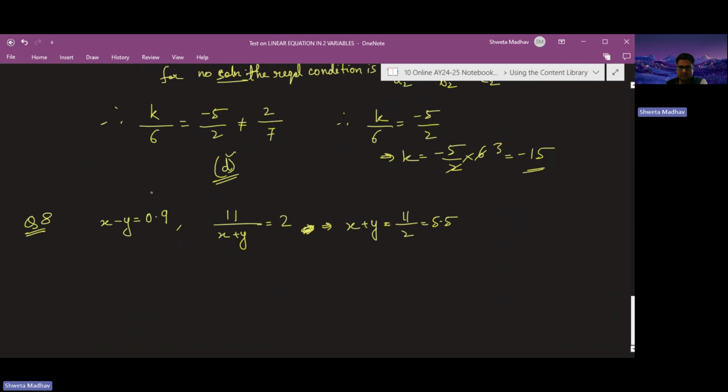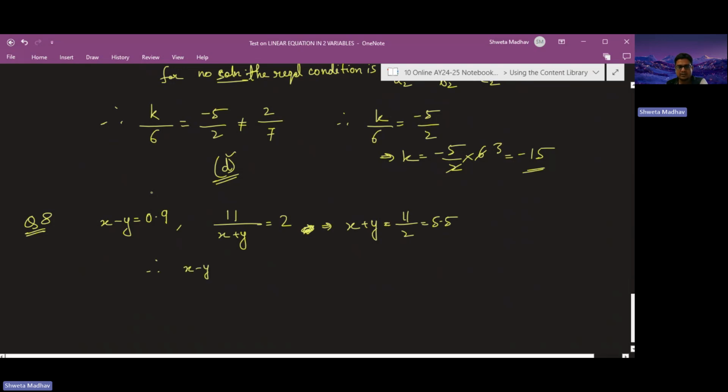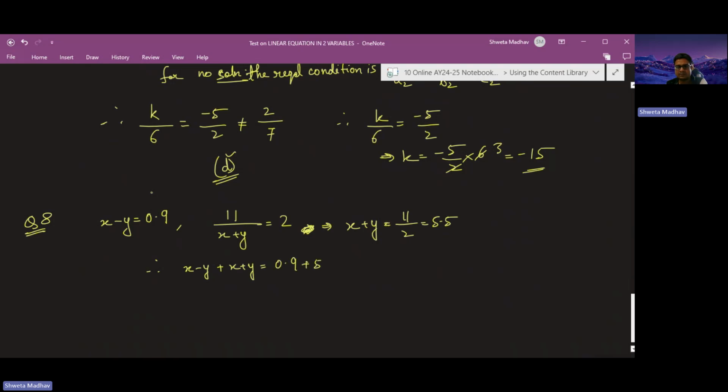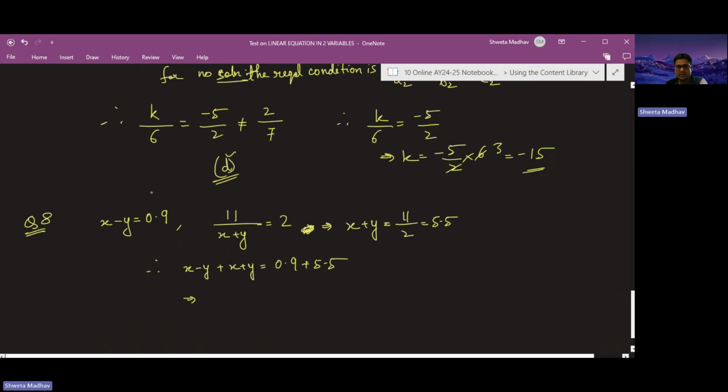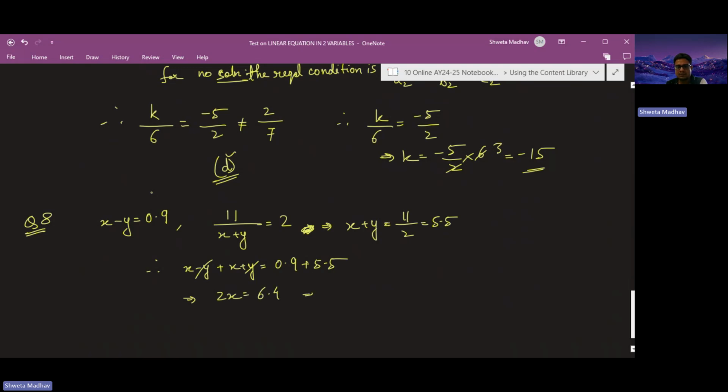So now we have to solve it. We have to find the values of x and y here. So if we add them, then we will get x minus y plus x plus y, that is equal to 0.9 plus 5.5. So here y will get cancelled and we will have 2x equals 6.4.